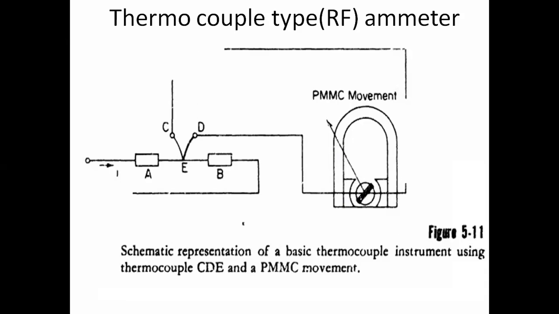That generated voltage is a wrong value because it involves three voltages. So to compensate those effects of the temperature at these junctions, they are also attached to the circuit diagram.